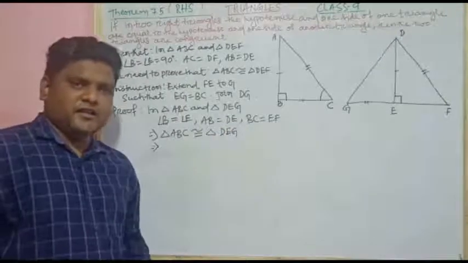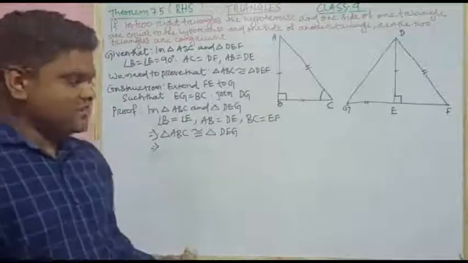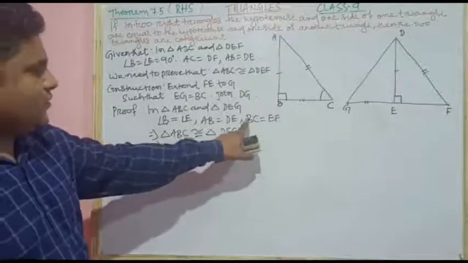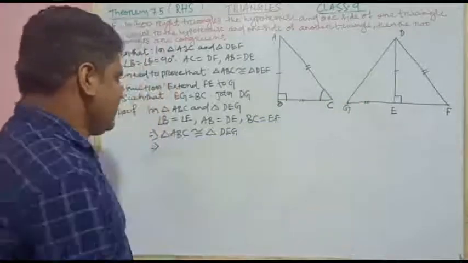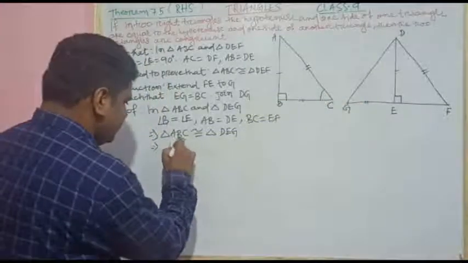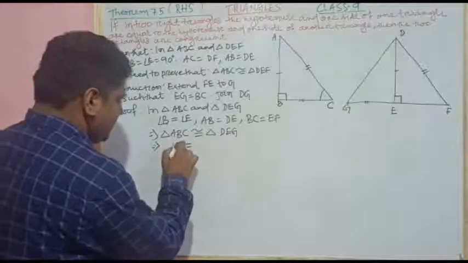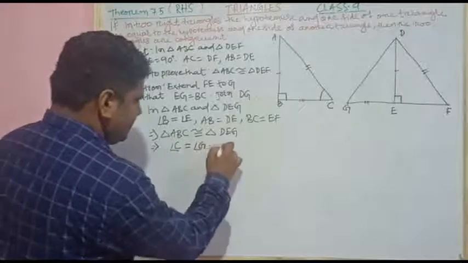If two triangles are congruent, then their corresponding sides and corresponding angles must be equal. So triangle ABC and DEG are congruent, so we can write angle C and angle G are equal. So this implies that angle C is equal to angle G. Let it be equation 1.